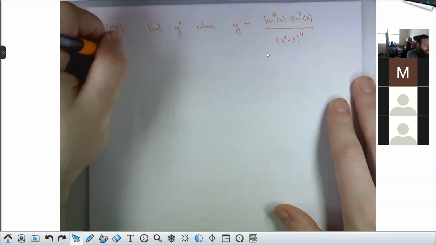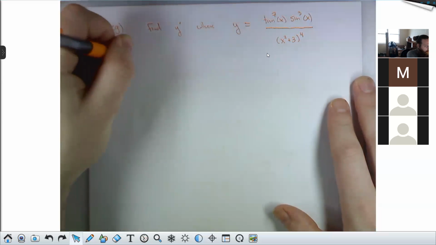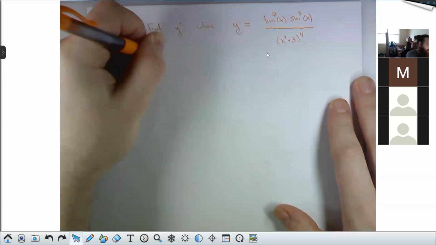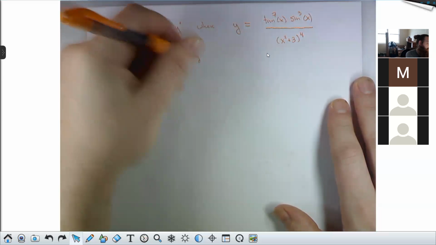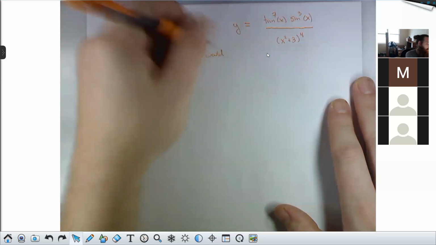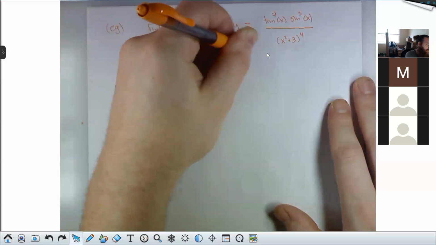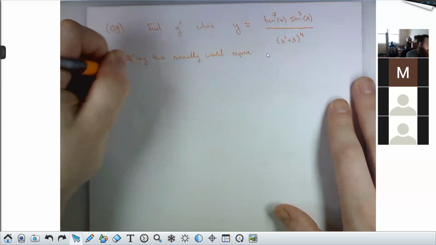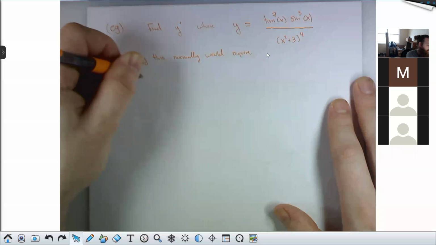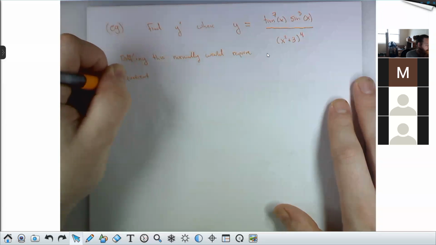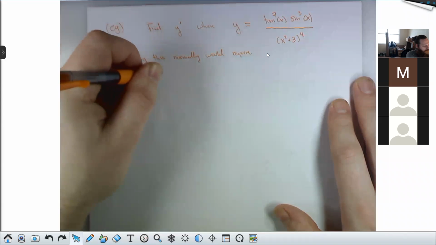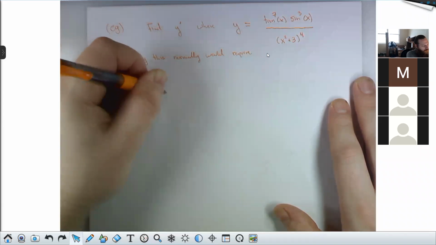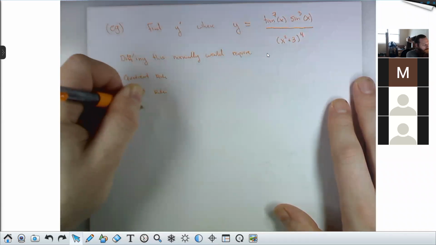So differentiating this normally would require the quotient rule, the product rule, and the chain rule.